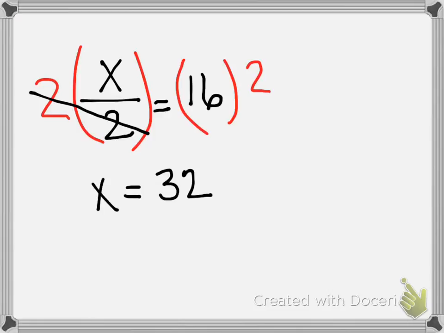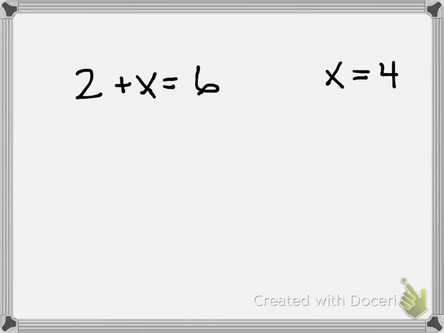So when you have adding and subtracting, that's the same. You use inverse operations to get rid of it. So let's say we have 2 plus x equals 6. Now what would you add to 2 to get 6? We all know in our head right now, x has to be 4.